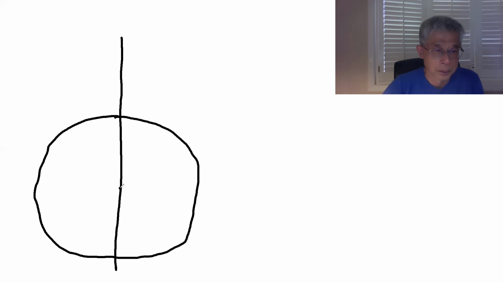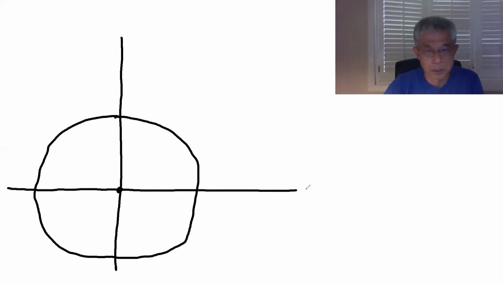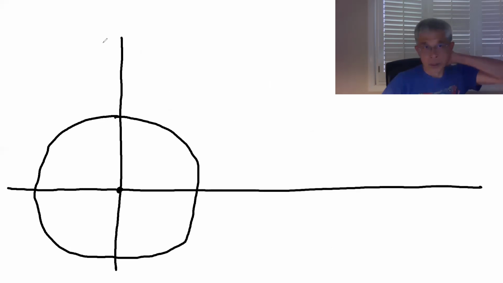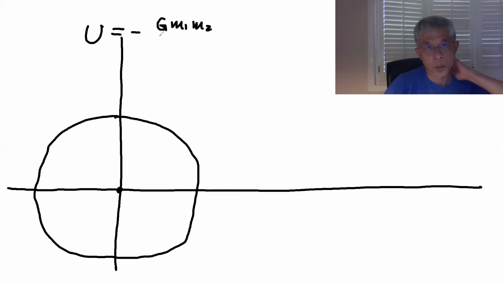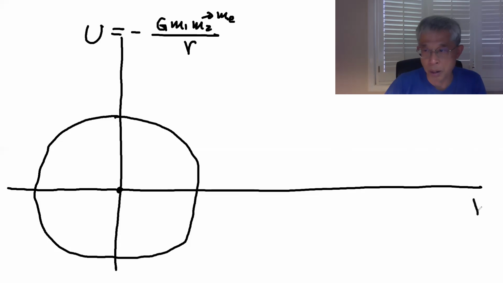We're going to say this is U. So U is equal to minus G M1 M2, and one of these could be ME, the mass of the Earth, divided by R. So this is the R. When R is equal to zero, or approaches zero, right there, this becomes negative infinity.